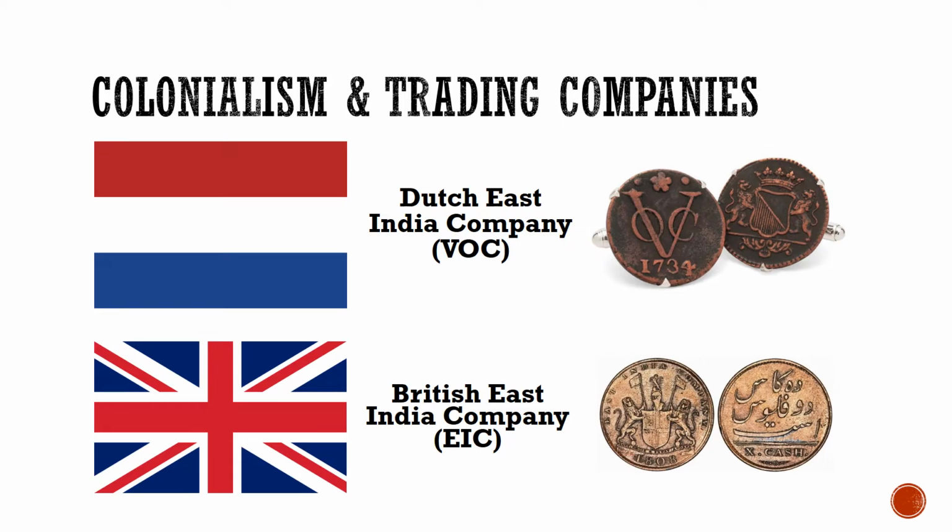Like what was mentioned at the start, what's VOC and EIC? The VOC is another term for the Dutch East India Company. On the right, you see the VOC coins from 1734. I'll tell you more about this later, but you can see very clearly that the coins represent the VOC because of the symbols there.